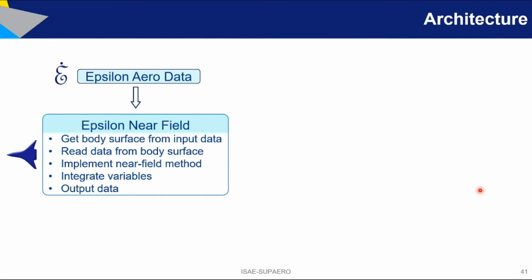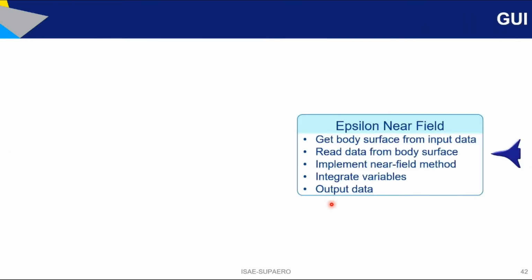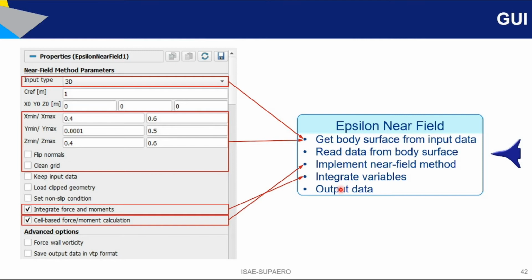Once you integrate data, you just have to send that to the output of ParaView, and this is just VTK poly data, which is well suited for shell surfaces. So that's all that's behind the Epsilon Near Field. All the steps that I showed you before, you can find and modify inside the interface of the filter.